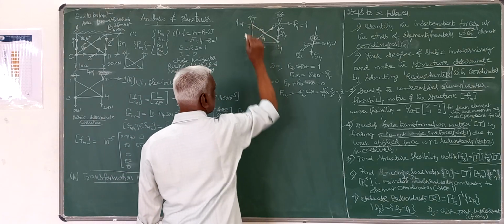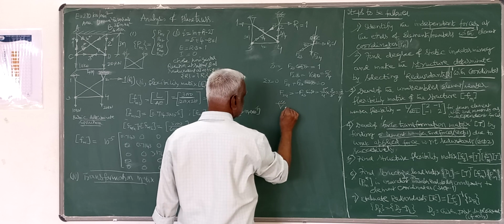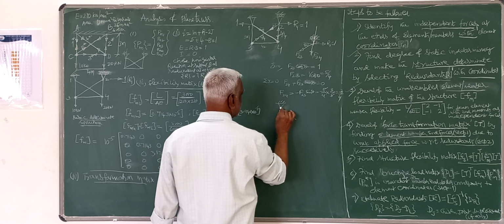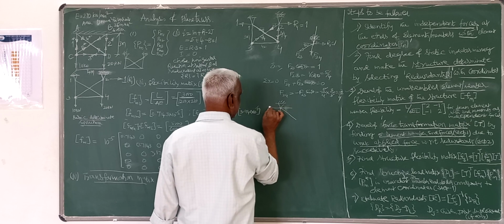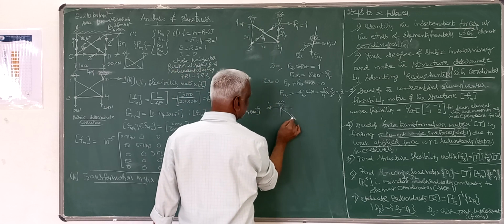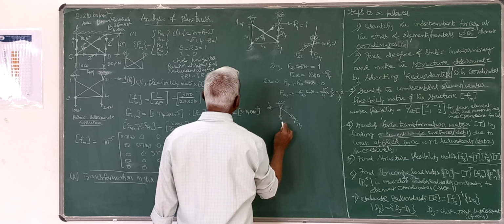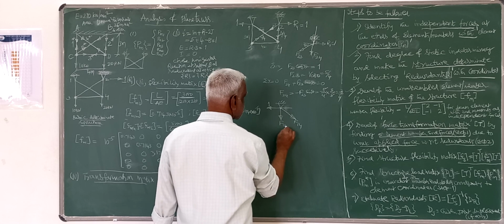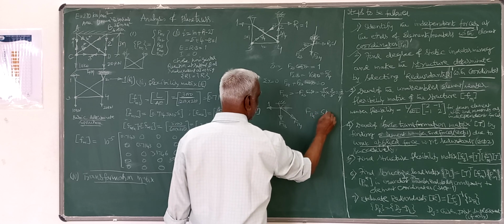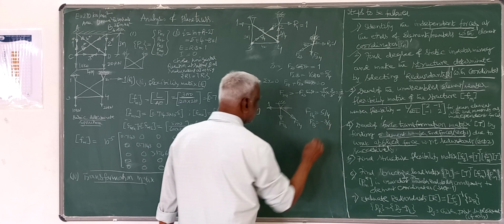On similar lines, if I take joint 1 and take the free body diagram, here also I have a reaction of 1. If I take this as F14 and this as F13, on similar lines we will get F14 as 5 by 4 and F13 as minus 3 by 4.